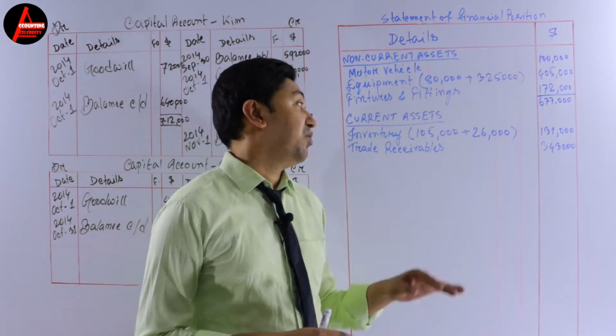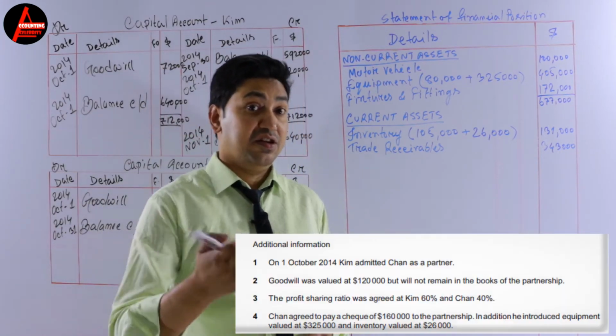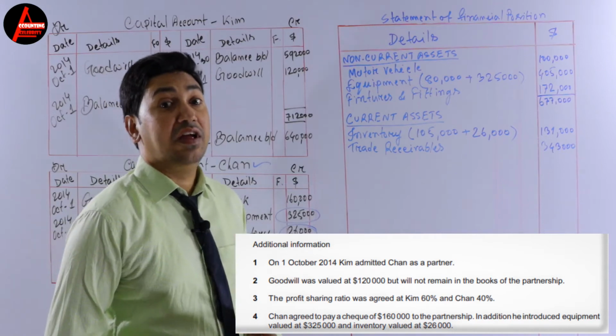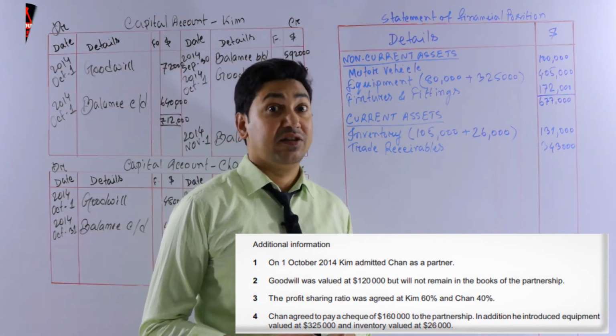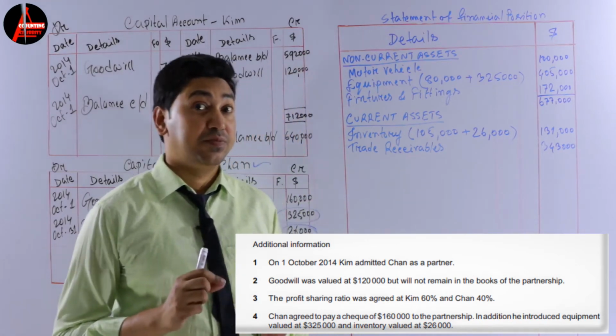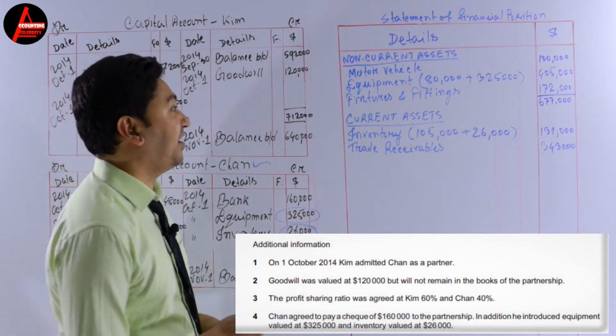There is one more current asset. Remember which one? Look at adjustment number 4. Chen agreed to pay a cheque of $160,000. That means Chen has brought $160,000. So this is a current asset.